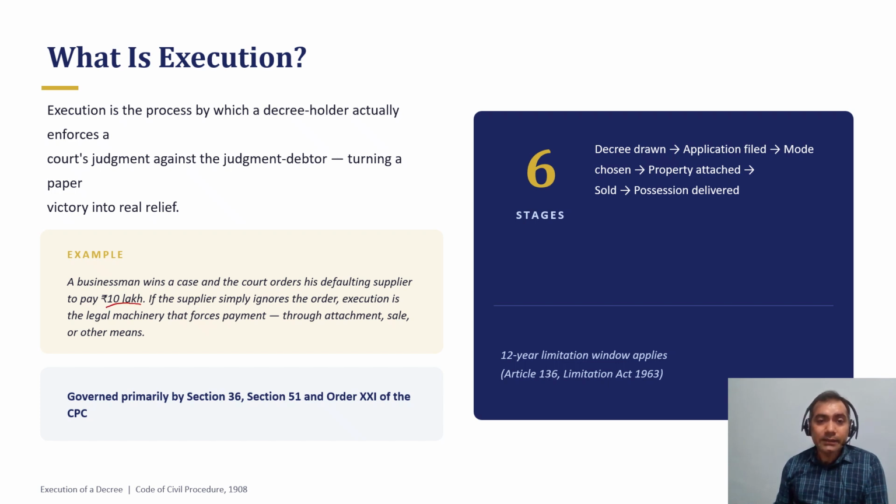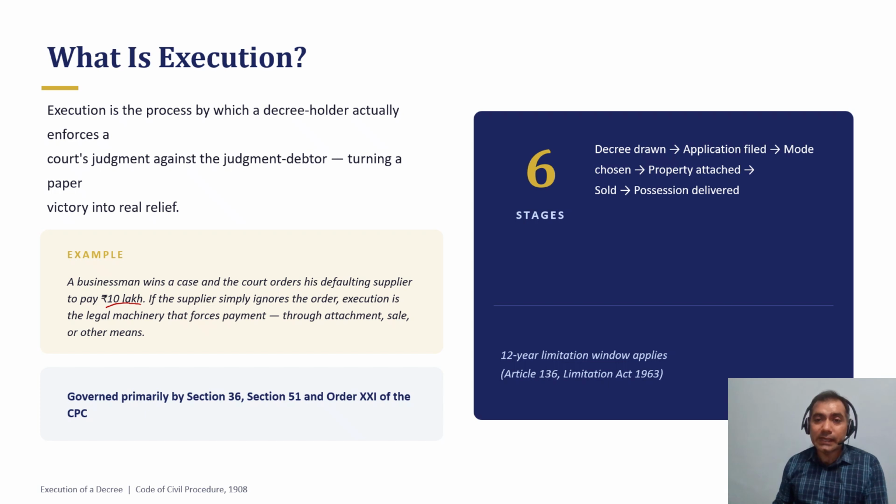If the supplier simply ignores the order, execution is the legal machinery that forces payment through attachment, sale, and other means. It is governed primarily by Section 36 and Section 51 and Order 21 of CPC.